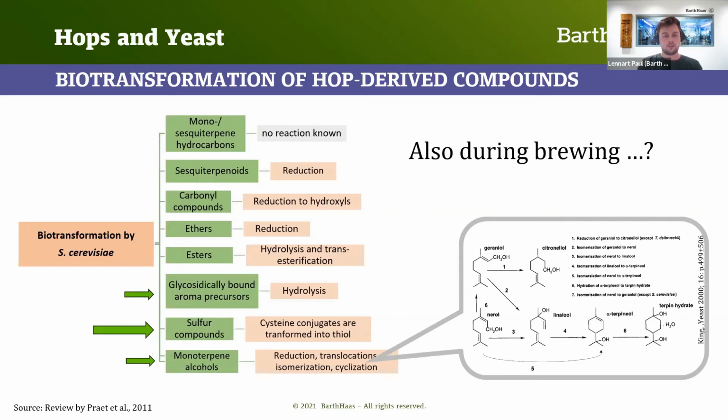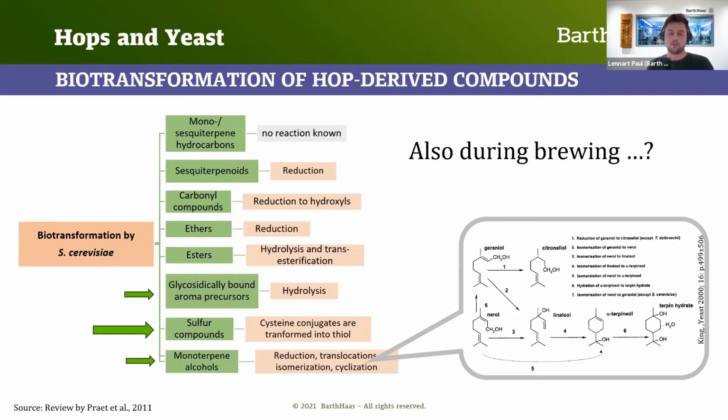As you can see, I marked some green arrows on the three lower ones. They are at the moment part of scientific research worldwide, and will be part of the next slides of my presentation. For the glycosidically bound aroma compounds, there could be a breakdown by hydrolysis.